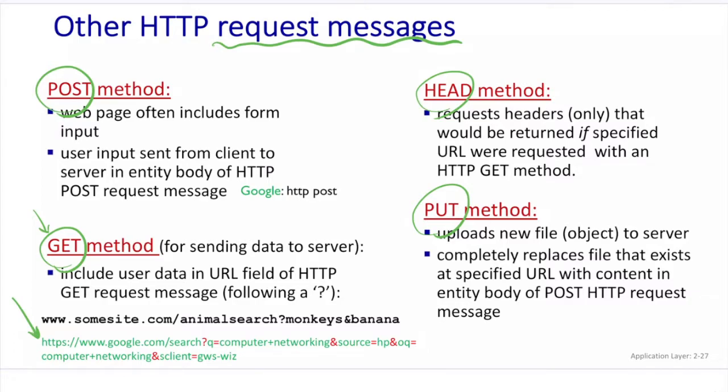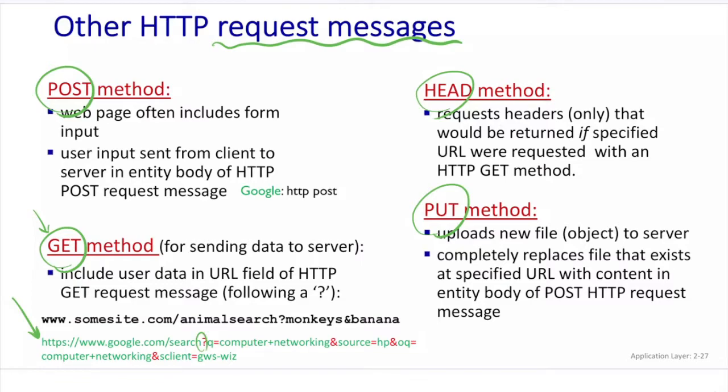Some URLs will be very, very long, because there are additional parameters that the client wants to pass to the server, but there's no other field or place to put the additional parameters. So they put it in the URL field. So it looks like this.